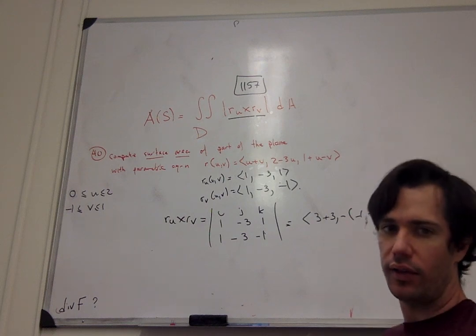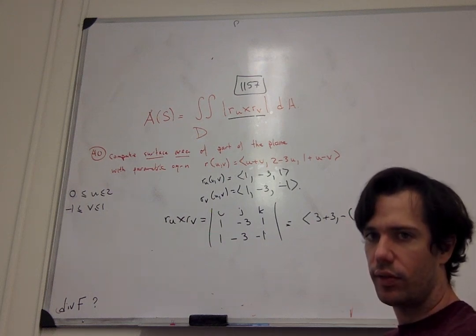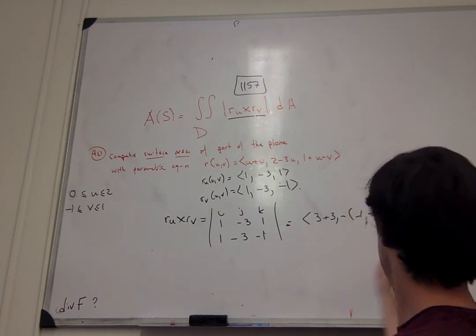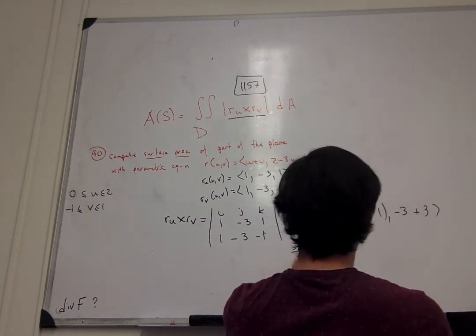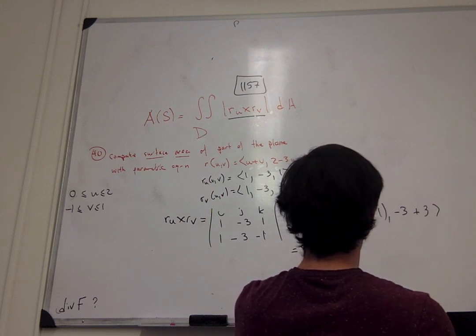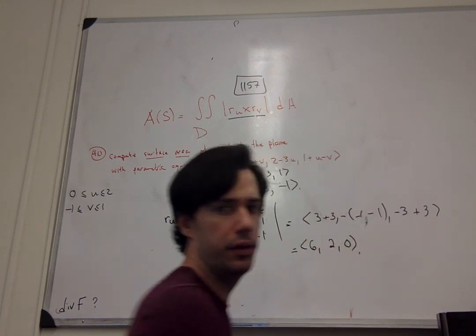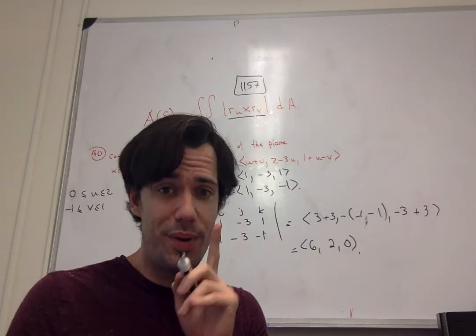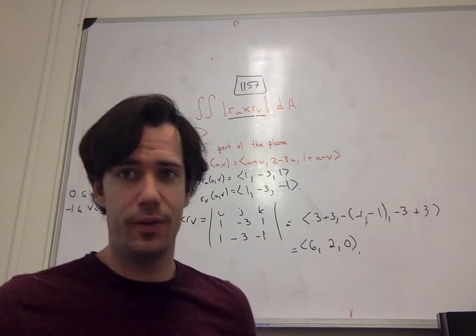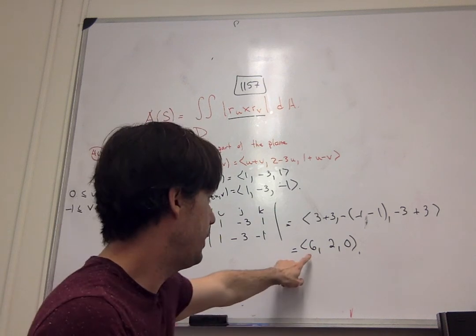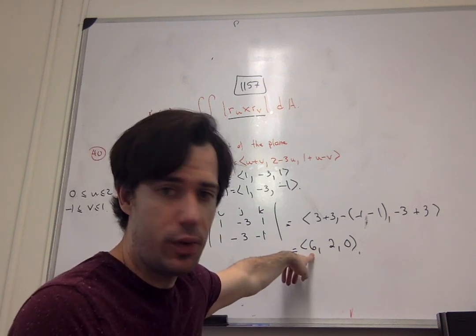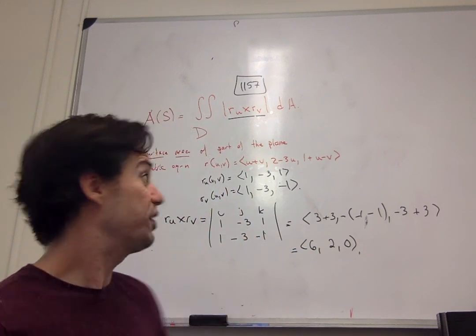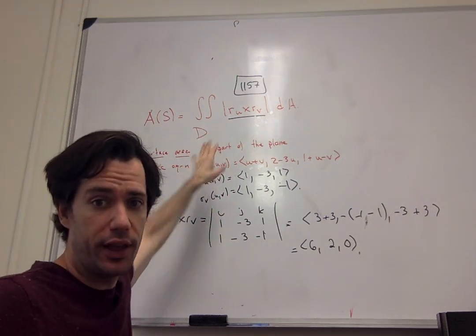Negative 3 minus negative 3, that's 0, because it's negative 3 plus 3. Okay, so you should get 6, 2, and 0. And of course, you do not want to scale this. Normally, when you get a tangent vector, we would rewrite that as 3, 1, 0, right?